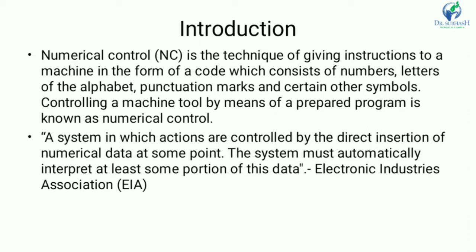Manual operation under these circumstances is not only tedious but also less efficient and unproductive. Often the part, after several hours of machining, is liable to be rejected due to machining errors.